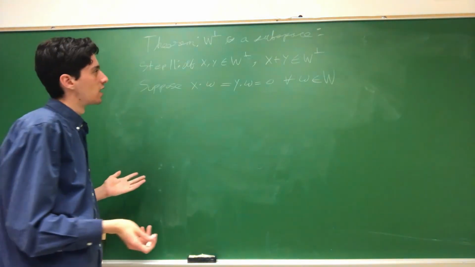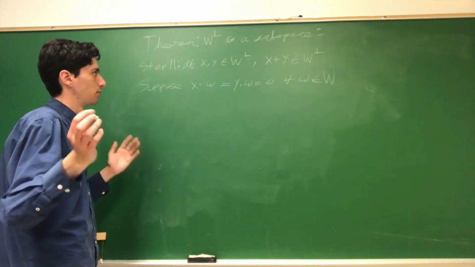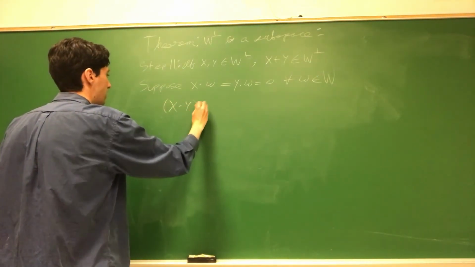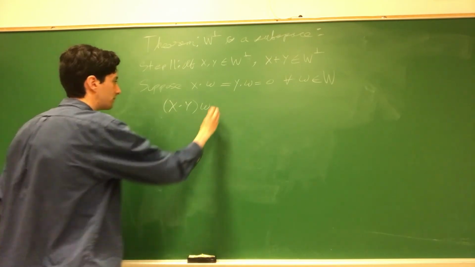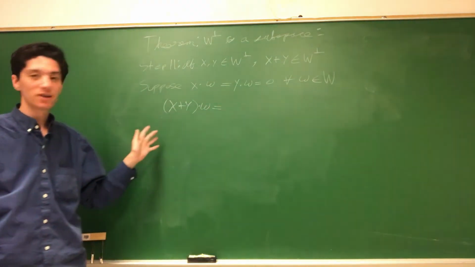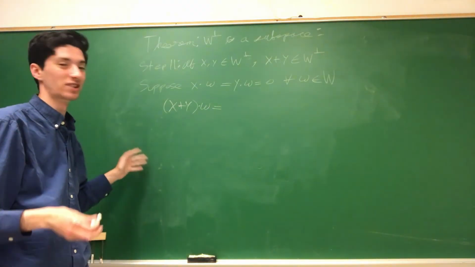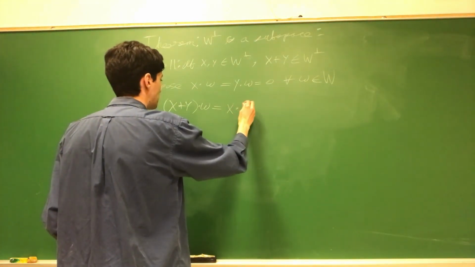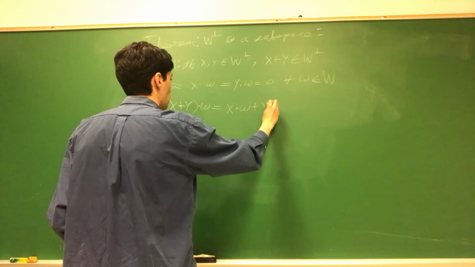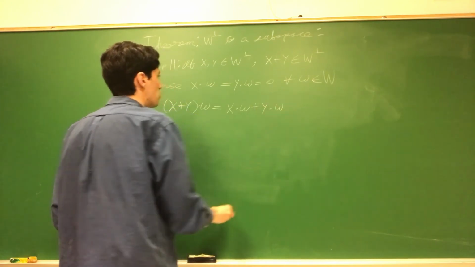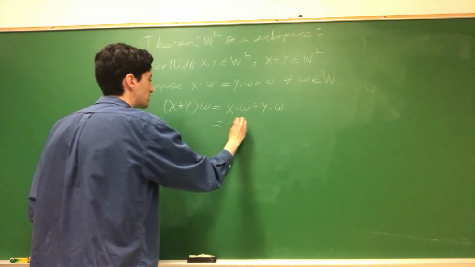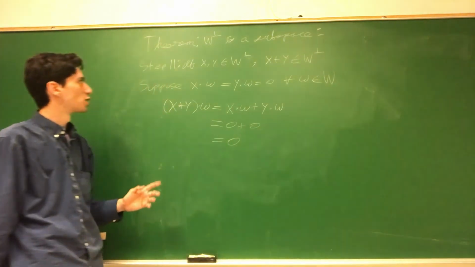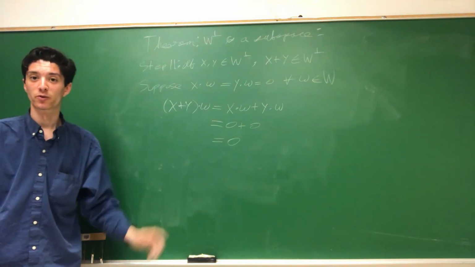Therefore, we want to ask, how about x plus y? What is the dot product of x plus y and w? But in the previous video, I showed that there's a distributive property. So this is equal to x dot w plus y dot w. But remember, these are both equal to 0. So this is equal to 0 plus 0, which is equal to 0. So we have shown step 2 of this proof.